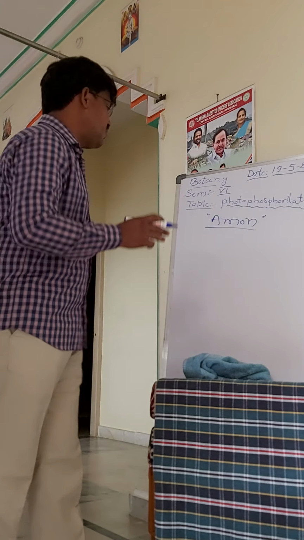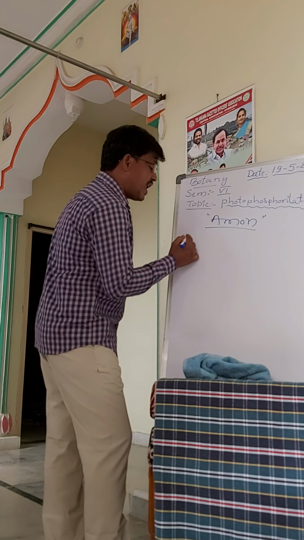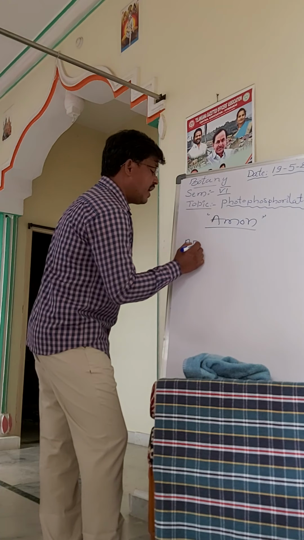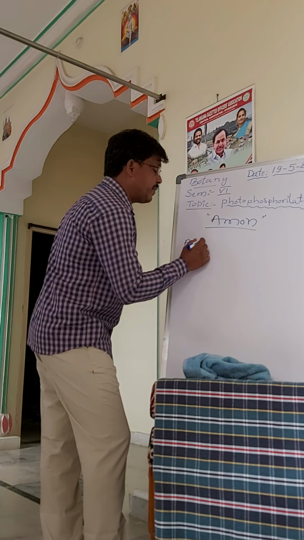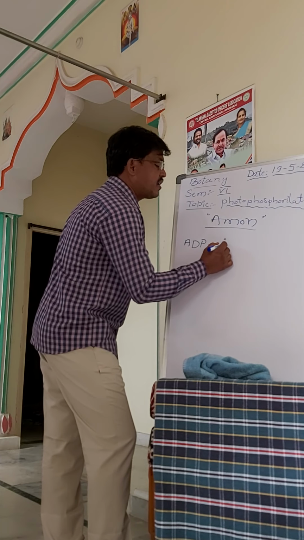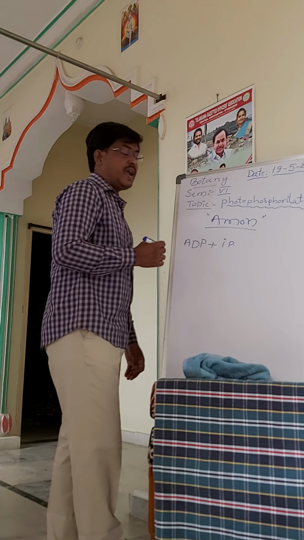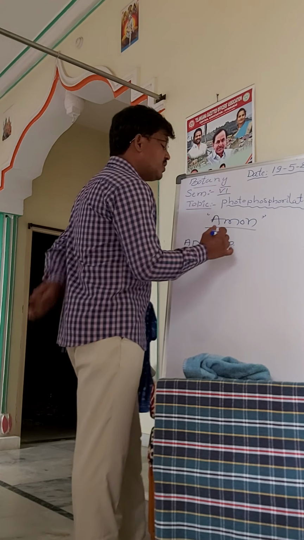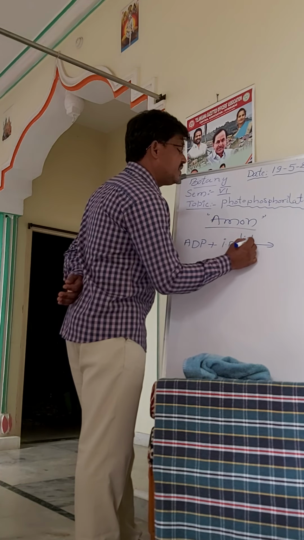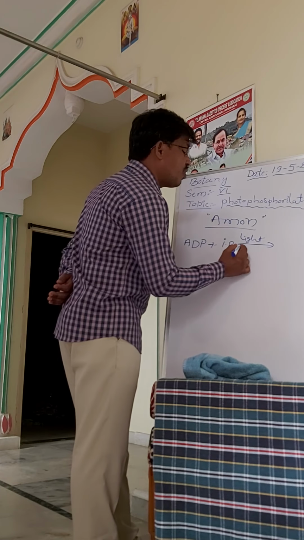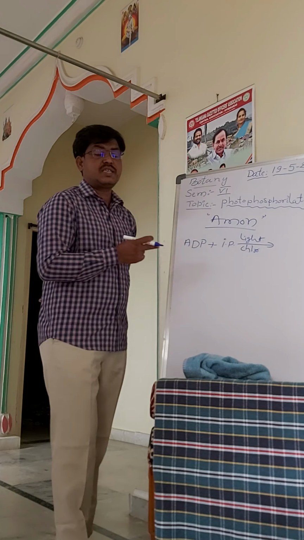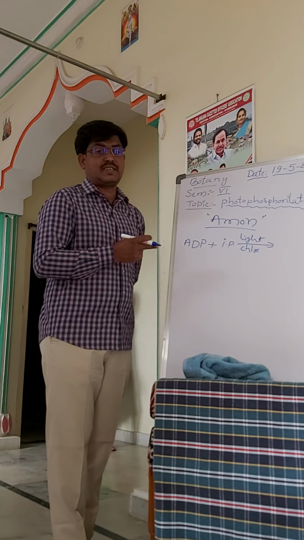If you can see, in the presence of light, ADP, adenosine diphosphate, plus inorganic phosphate, IP meaning inorganic phosphate, in the presence of light and chloroplast. These reactions occur in the chloroplast.